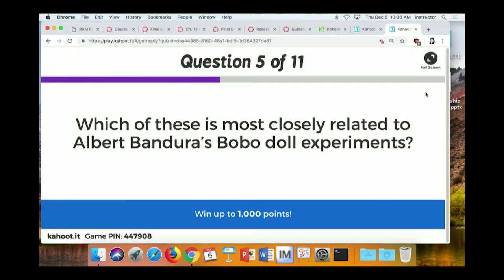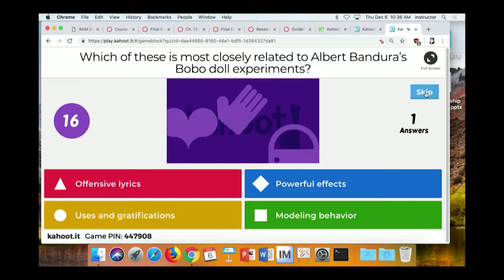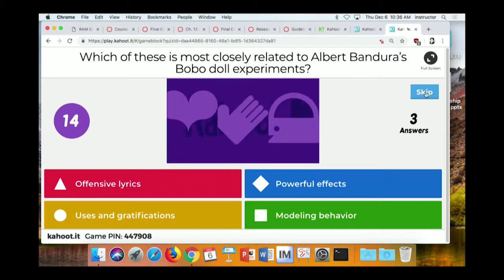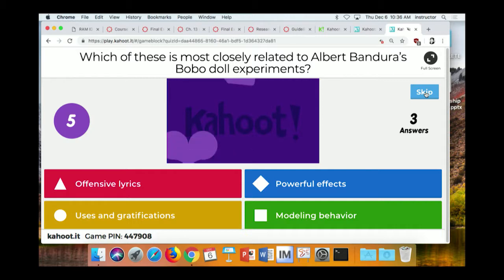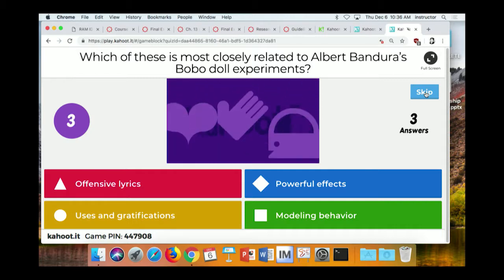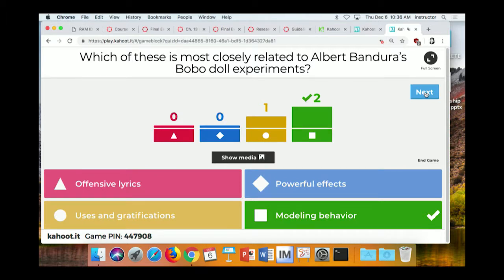Okay, which of these is most closely related to Albert Bandura's Bobo doll? So remember the Bobo doll thing we were talking about? Is that research that was looking into offensive lyrics or uses and gratifications or powerful media effects or modeling behavior? Okay, whoa, that one answered before we all had a chance to answer, but majority got it.